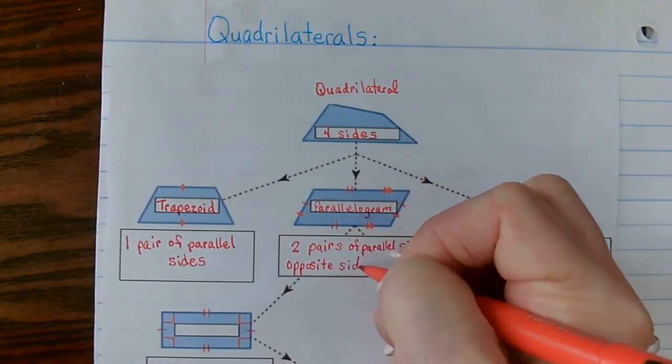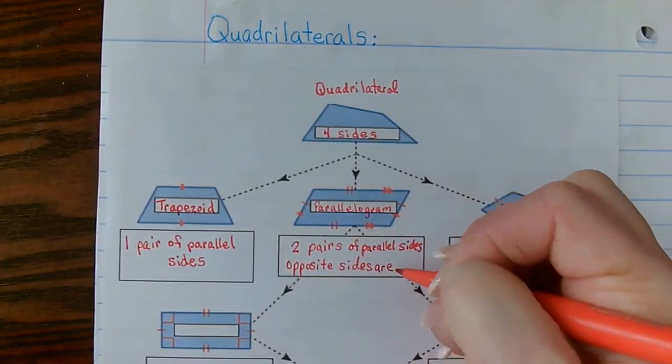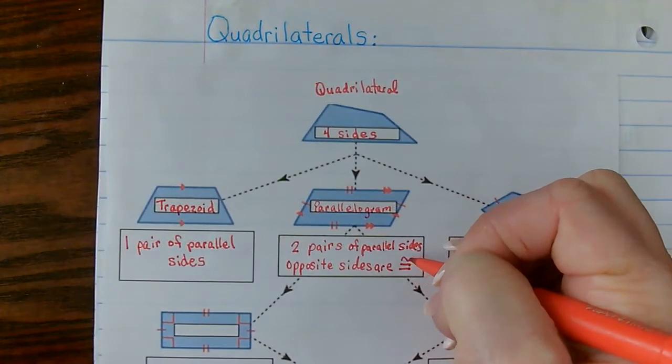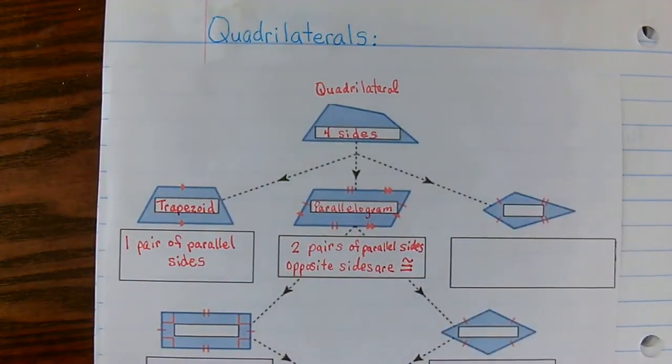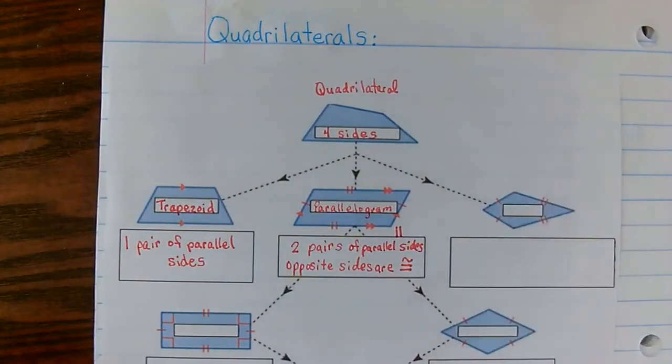Meaning they have the same measure. And look, congruent symbol. And if you want to know, two bars straight up and down mean parallel symbol. Alright, let's go over to the next one.